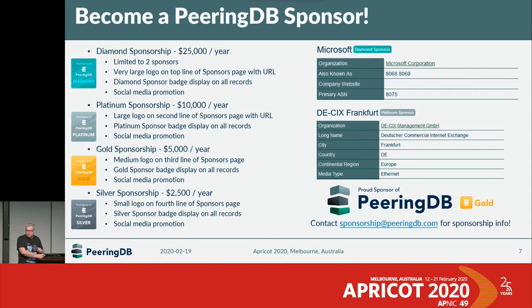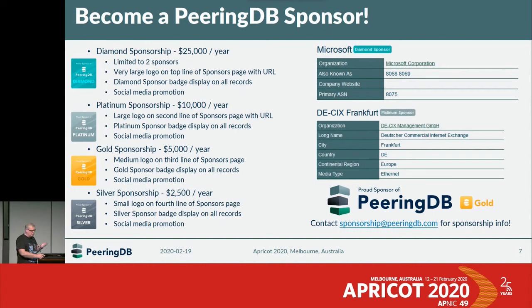Especially the networks, they are benefiting heavily from PeeringDB, and therefore, for example, you can see Microsoft, and there are others, they are diamond sponsors. They save money, and in return, they are also willing to give money.